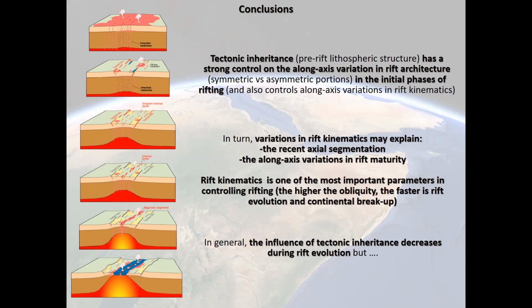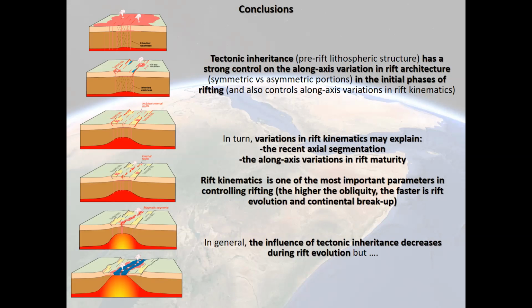So this suggests that the kinematics of rifting is probably one of the most important parameters in controlling the rifting process itself, because again, the higher the obliquity, the faster the evolution of rifting and the progression to continental breakup.